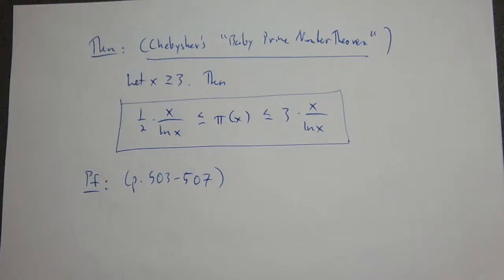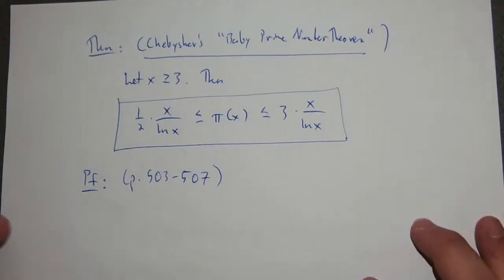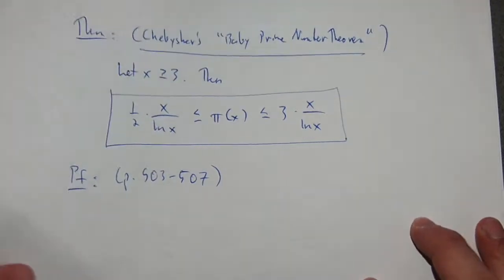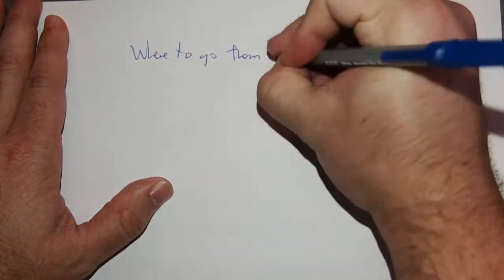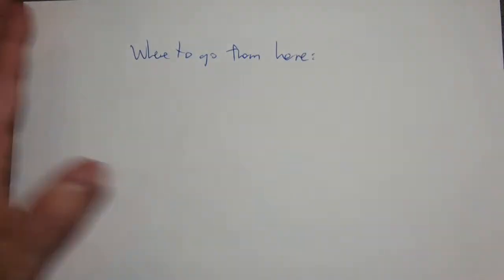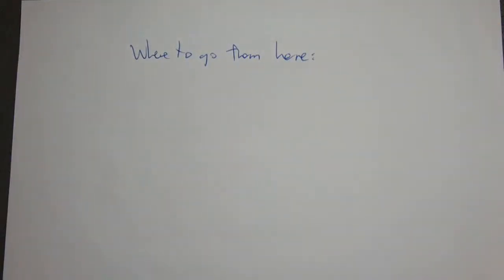So the question is, say you want more number theory, all right? What do you do? How do you fix that problem? So where to go from here, if you really liked this stuff.